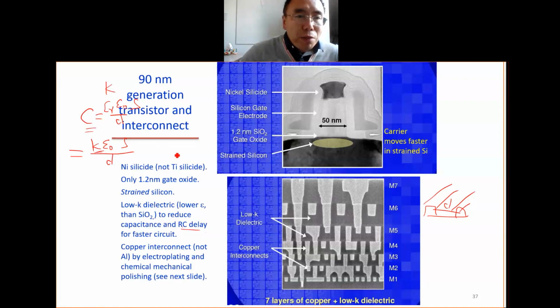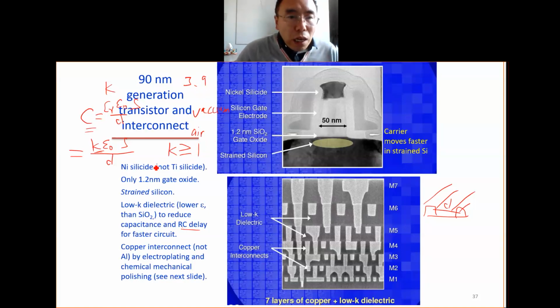So what's the minimum for K? K is at least 1. When K equals 1, it means air or vacuum. Otherwise, K is higher than 1. For silicon dioxide, K equals 3.9, but this is not very good.